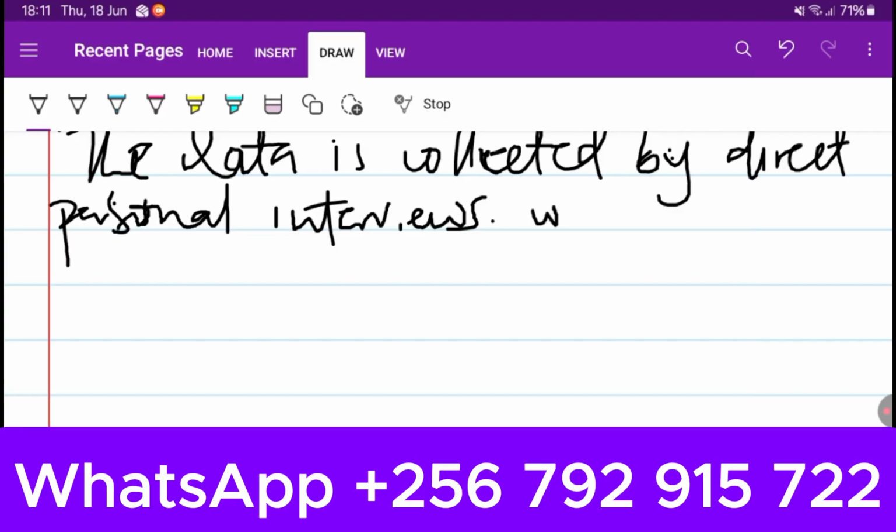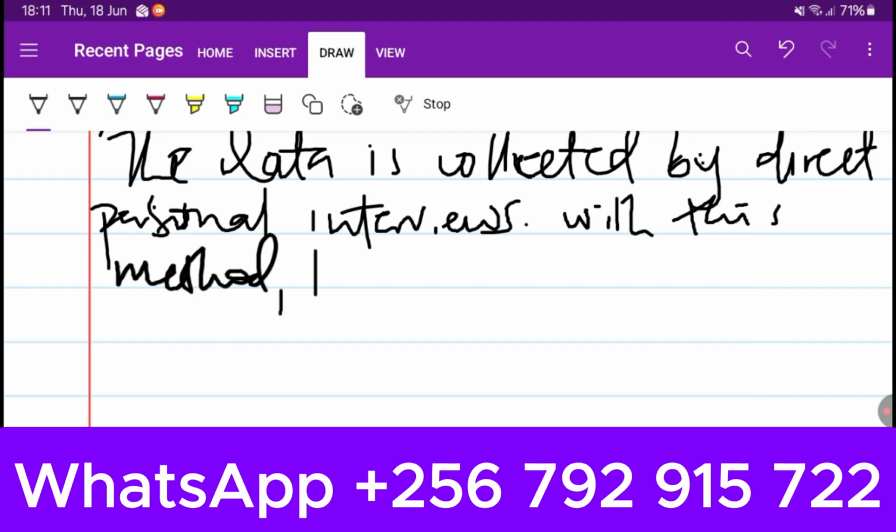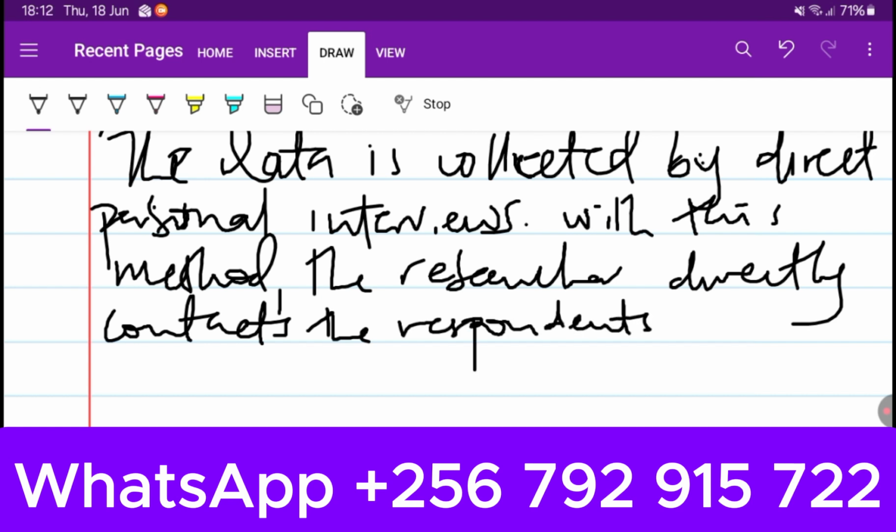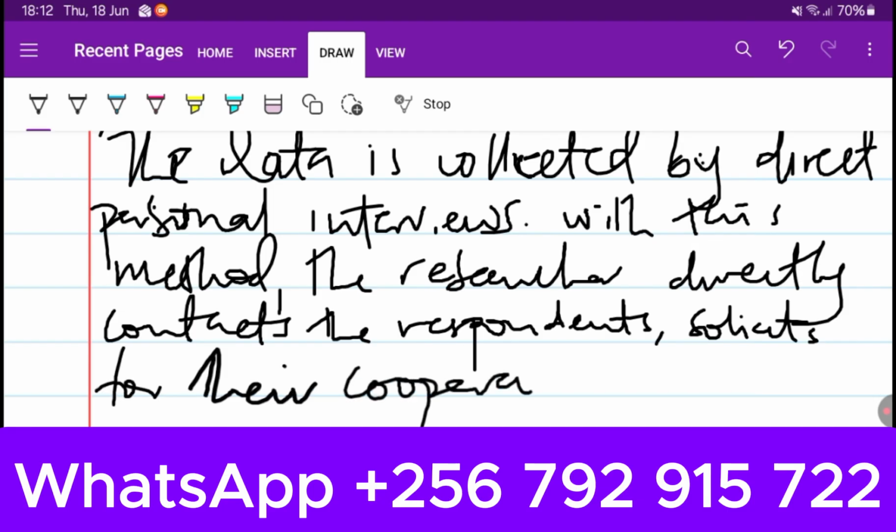Of course, with this method, the researcher directly contacts the respondents, solicits for their cooperation, and enumerates the data.